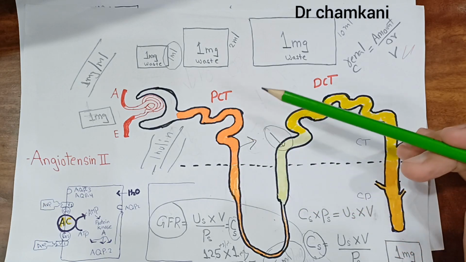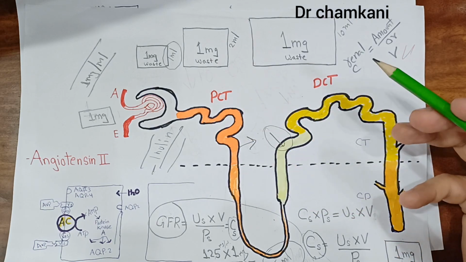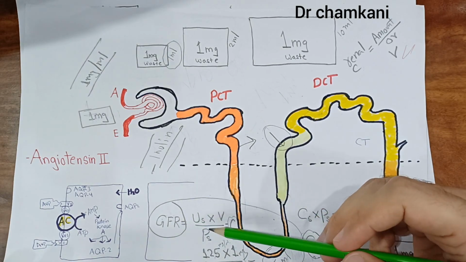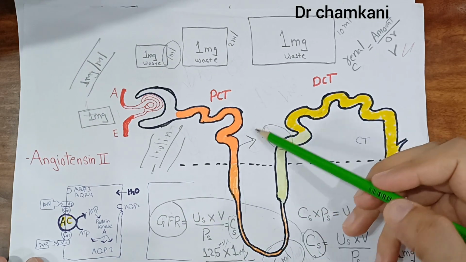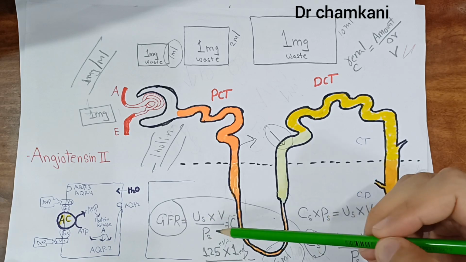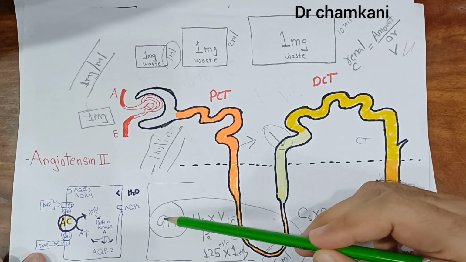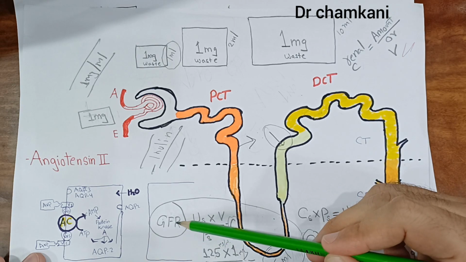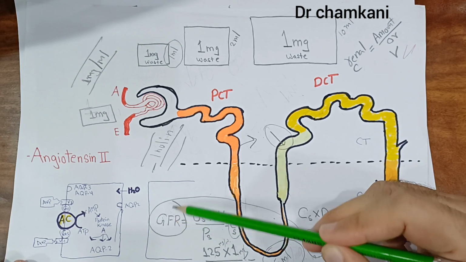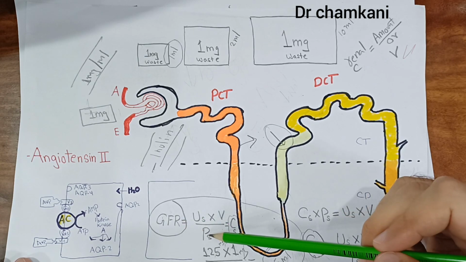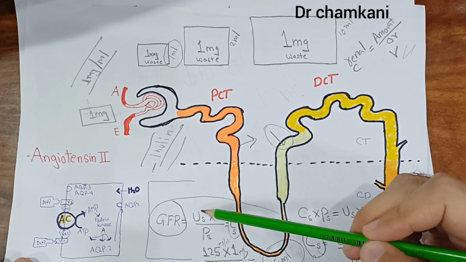And the topic today was how to use the plasma creatinine concentration to calculate the GFR. If we simply know the plasma creatinine concentration, we can roughly calculate the GFR, because the plasma concentration of creatinine is inversely proportional to GFR. If GFR increases, plasma concentration of creatinine will decrease. If the GFR decreases, the plasma concentration of creatinine will increase.